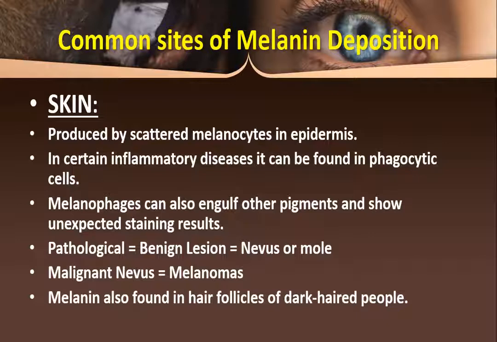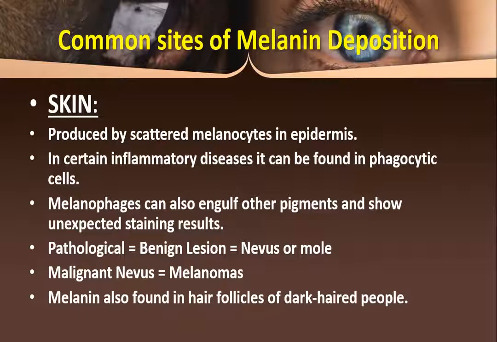Melanophages can also engulf other pigments, like lipofuscin, and show unexpected staining results. After the staining reaction, due to the presence of a mixture of pigments like lipofuscin and melanin, surprising staining reactions can be observed.